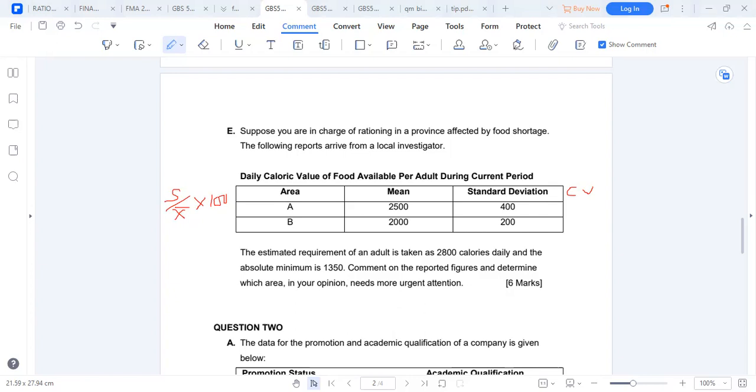A is 16. B is 10. Okay. Are you following what she's doing?